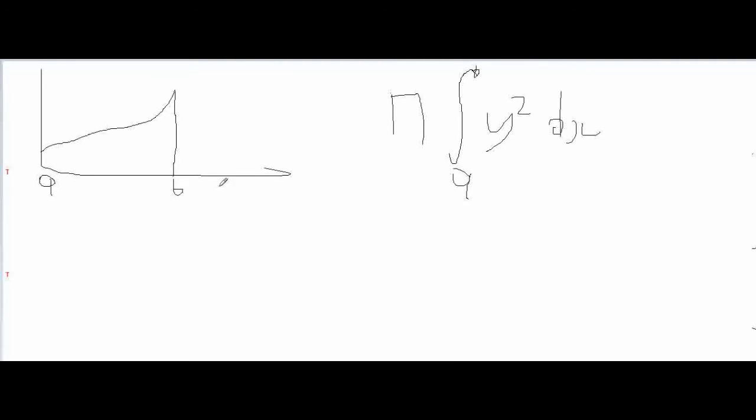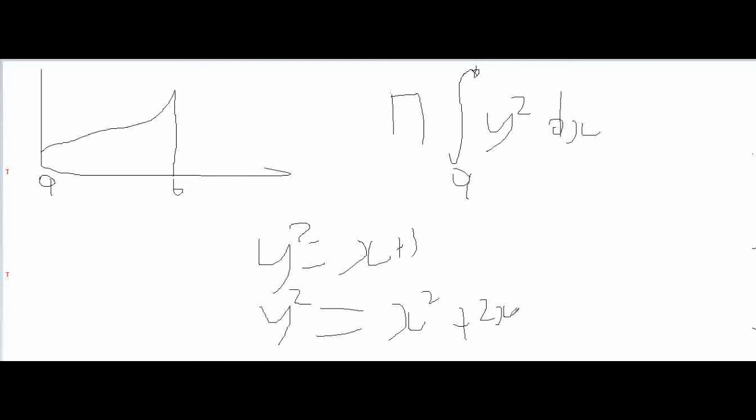See, what will happen is, let's say we have the curve of y equals x plus 1. In order to find y squared, if we square y, then we would have to square this side. So we'll square this side, and we'll say that y squared is equal to x squared plus 2x plus 1.